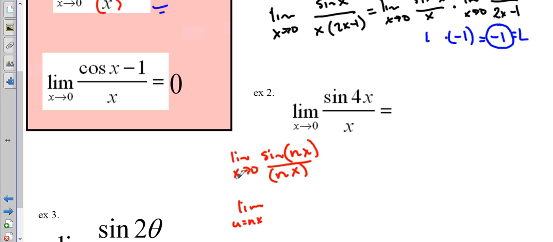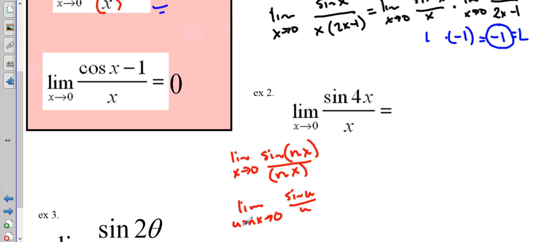As x goes to 0, this right here would be 0, and u is going to be approaching 0 as well. So u is approaching 0, and this is approaching 0. Next, if I replace nx with u, I have sine of u over u.